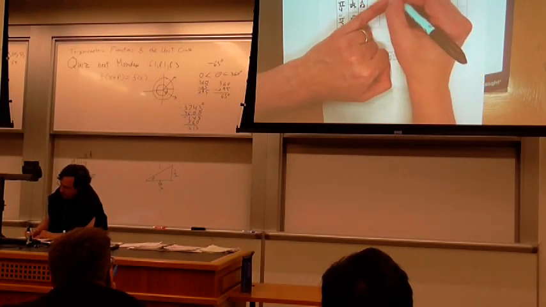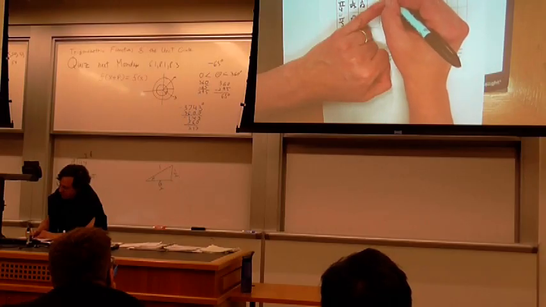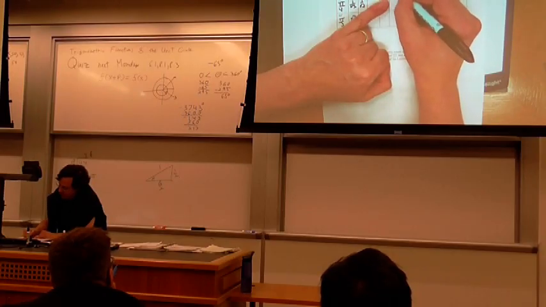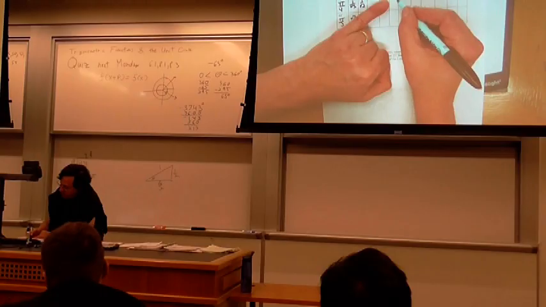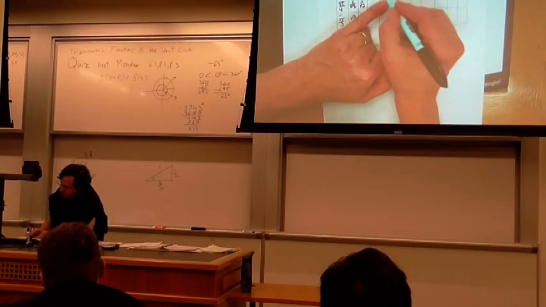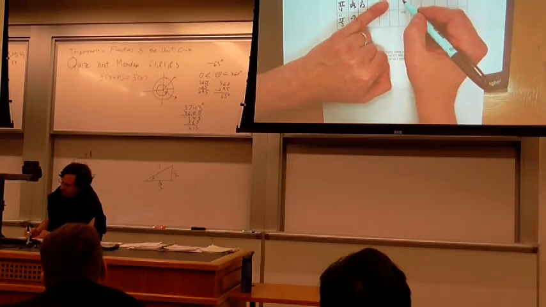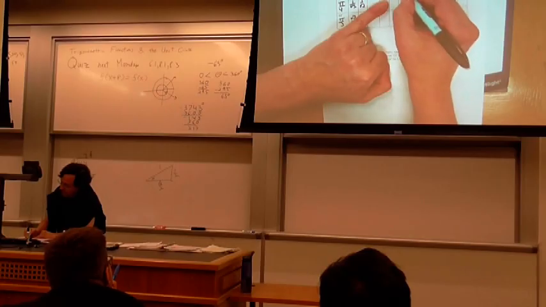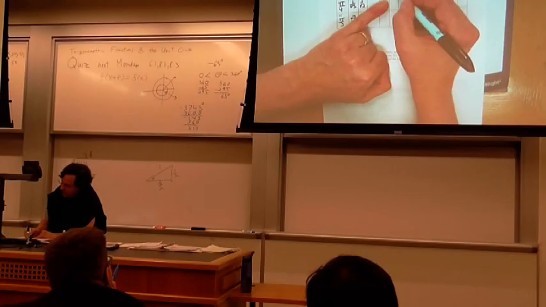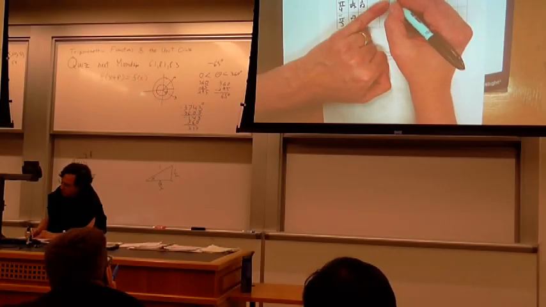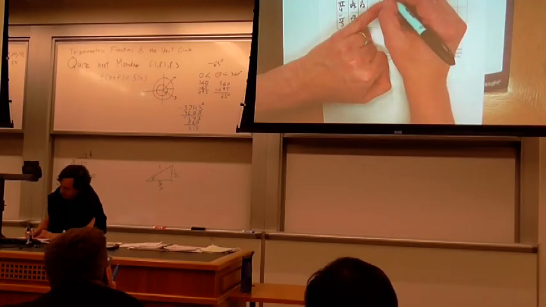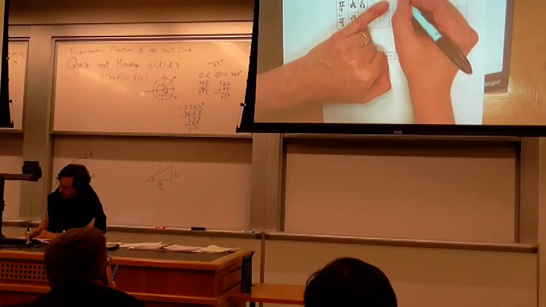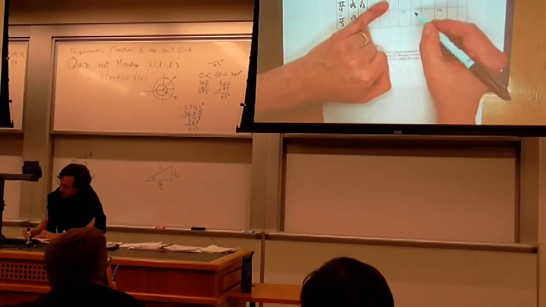So we know the sines and cosines are the same absolute value. Now we just have to figure out which of these is positive and which is negative. Does anyone remember? The second quadrant. All the signs. Sine is plus, and the cosine is minus.